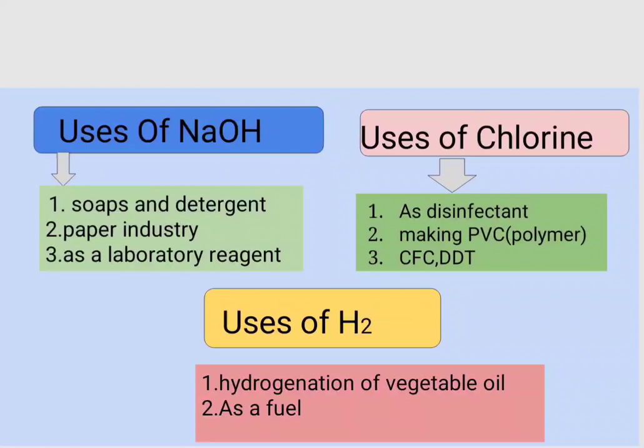Uses of NaOH: soaps and detergents, the paper industry, and as a laboratory reagent. Uses of chlorine, these are all very important for your exam, please listen carefully: as a disinfectant, or making PVC, CFC or DDT. Uses of H2: hydrogenation of vegetable oil, or as a fuel also.